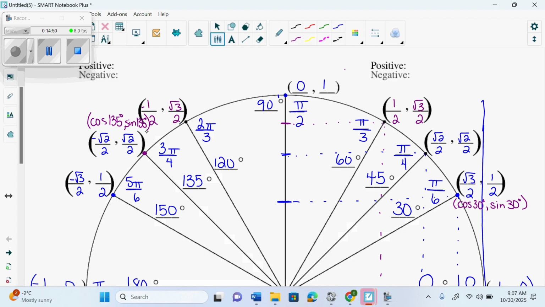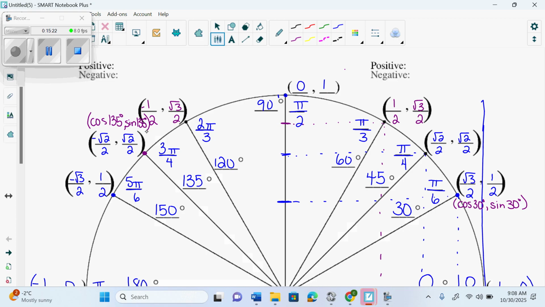Make sure you're in degree mode. So you're going to get negative 0.707 and then 0.707, correct? So these are the exact values I can ask you.